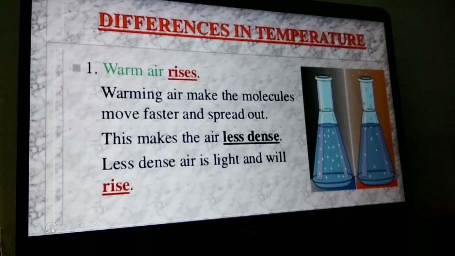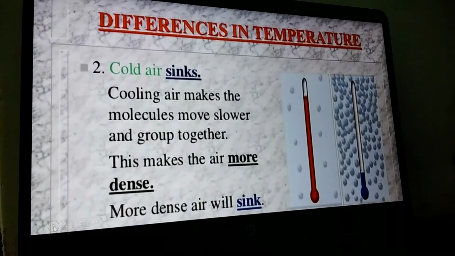This makes the air less dense. So less dense air is light and will rise up. Cold air sinks. Cool air makes the molecules move slower and group together. This makes the air more dense, so more dense air will sink.